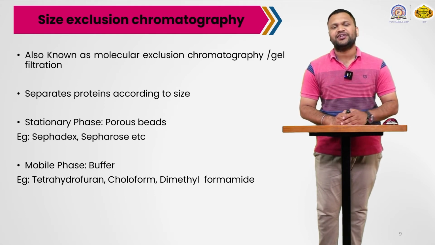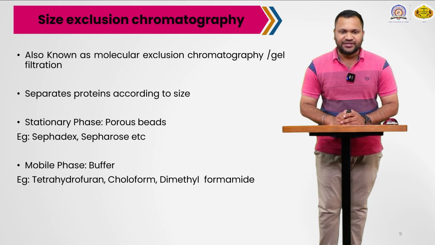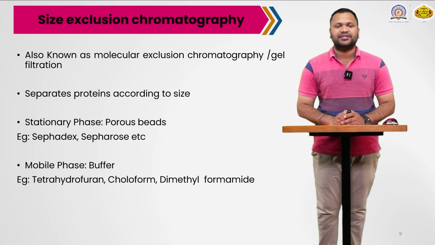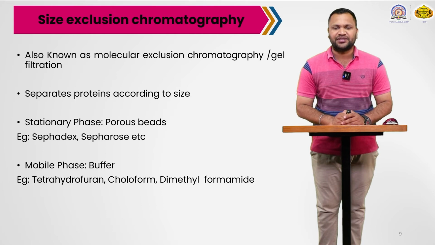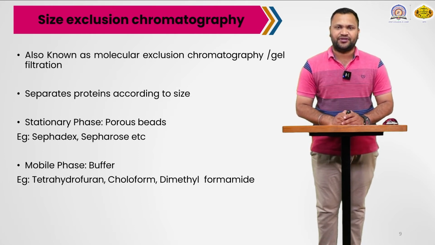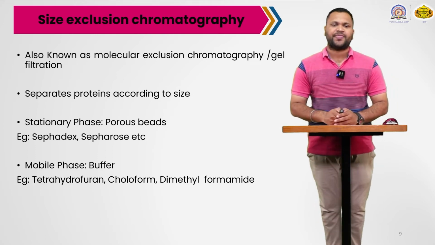We also call it a Sephadex column or Sepharose column. Then the mobile phase is a buffer, for example tetrahydrofuran, chloroform or dimethylformamide. So the mobile phase is buffer, also known as the elution buffer.